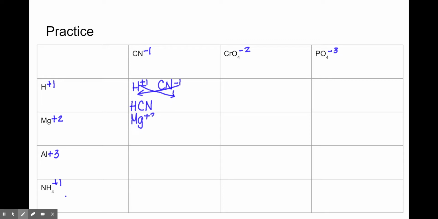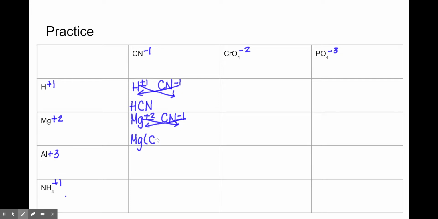Magnesium is +2. Cyanide is -1. Cross down my charges. Mg, my subscript is going to be 1, so I do not write that. When I cross down my charge from magnesium to cyanide, it's more than 1. It's a 2.